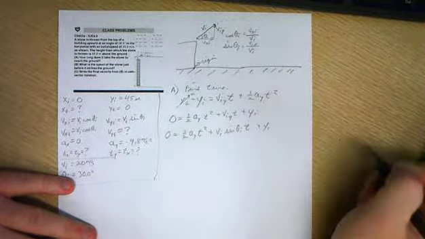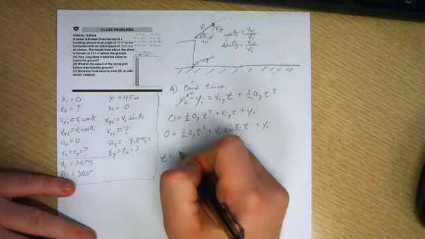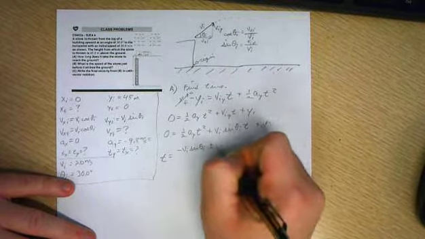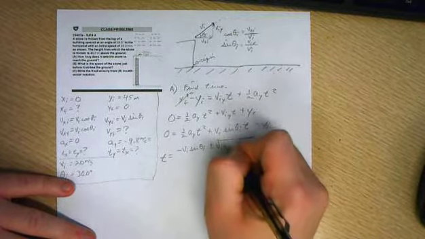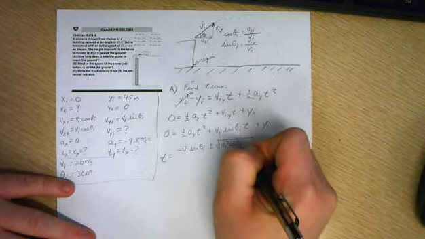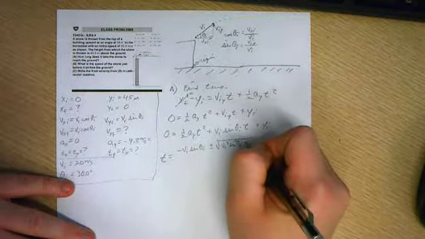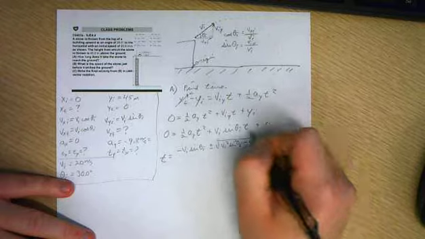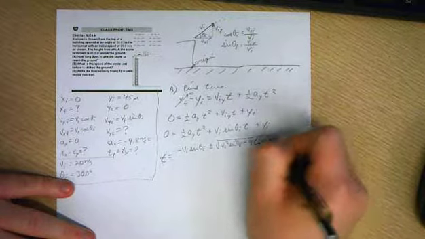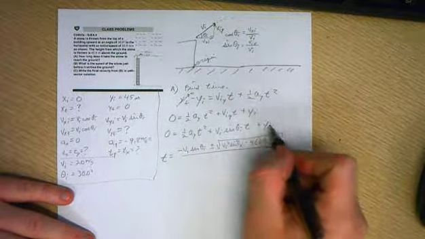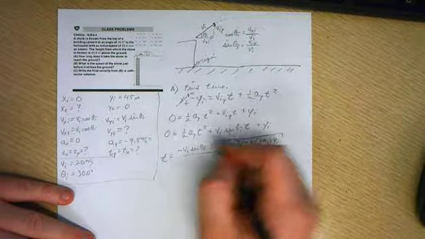Okay, so the solution, t equals negative b, where b is the b term of the quadratic, so negative Vi sine theta I, plus or minus the square root of b squared, Vi squared sine squared theta I, minus 4 times a, 1/2 Ay, times c, yi. Again, a, b, c are just the coefficients of the t squared, t first, and t zeroth term, all over 2a.